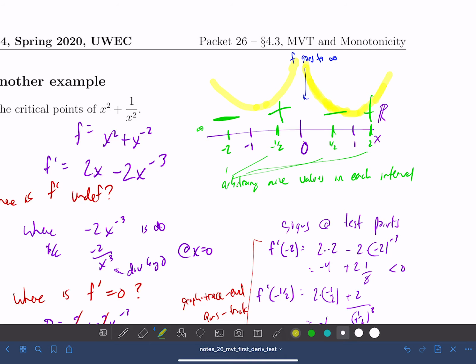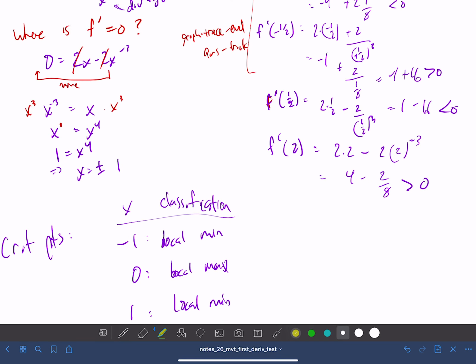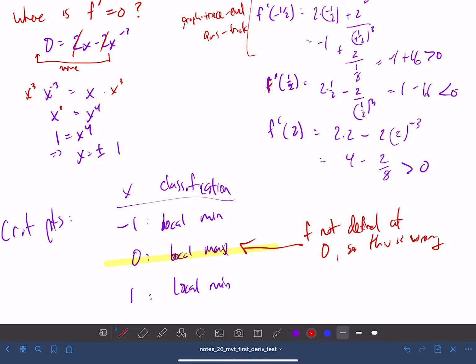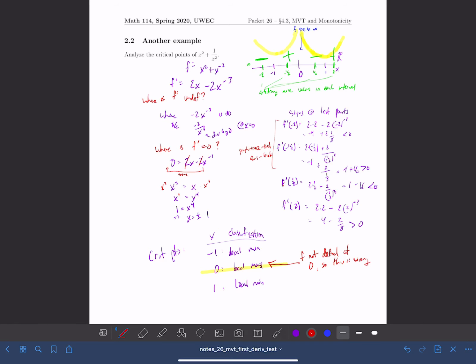As far as dealing with the point at 0, f isn't defined there, so this is wrong. So f is not defined at 0, so this is wrong. Sorry. Kind of an infinite discontinuity there.